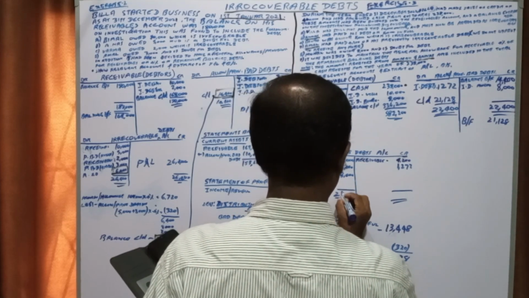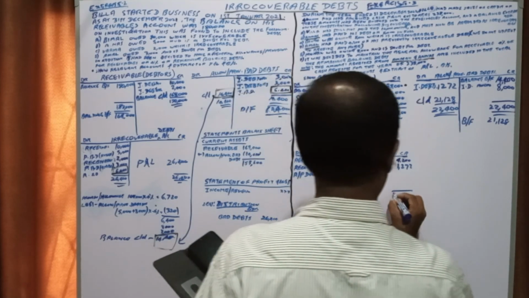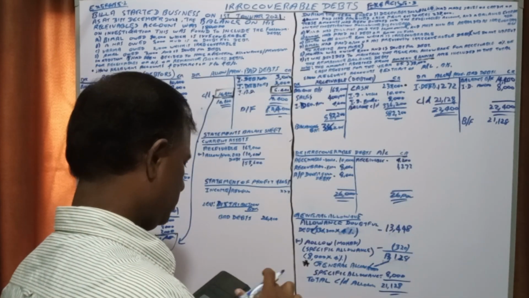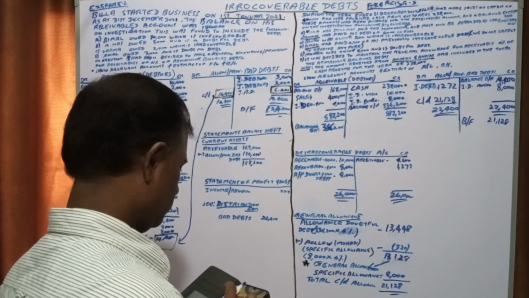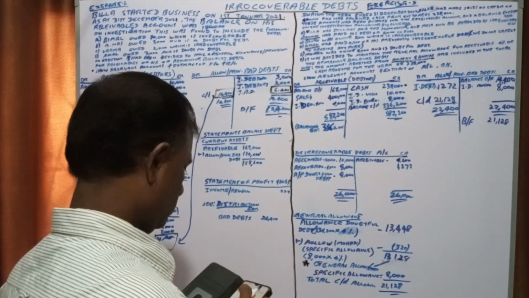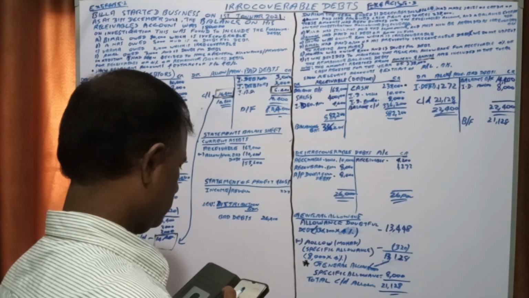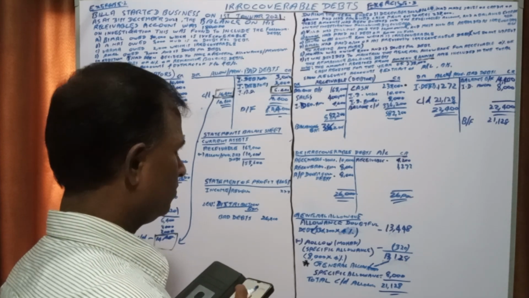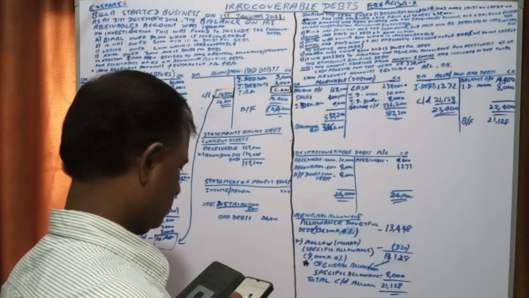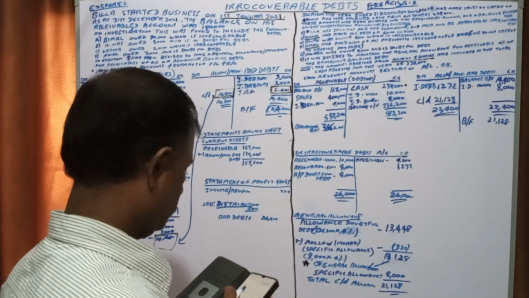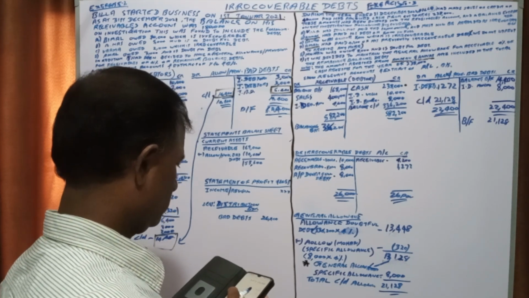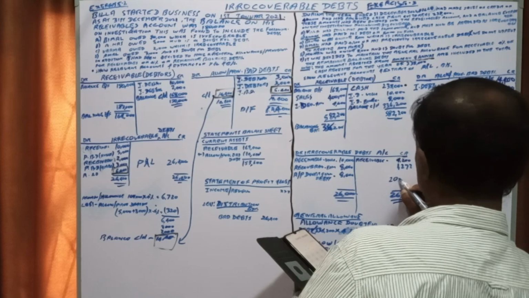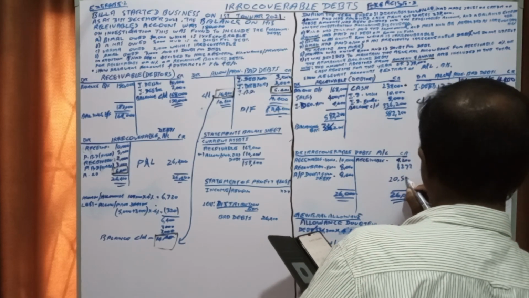26,000, right? 26,000 minus 26,000 equal to 20,528.